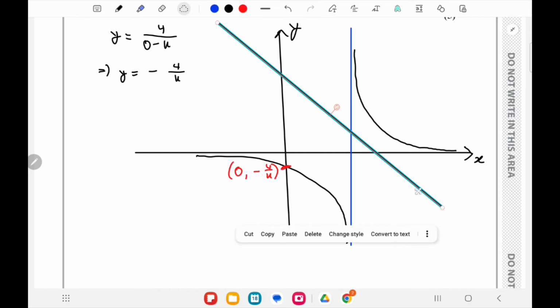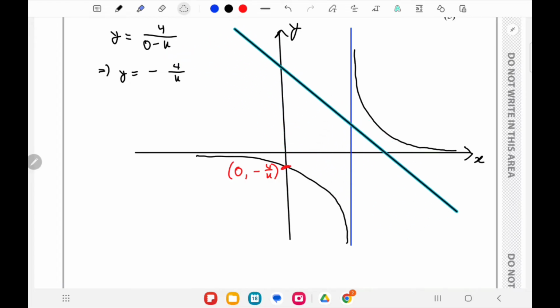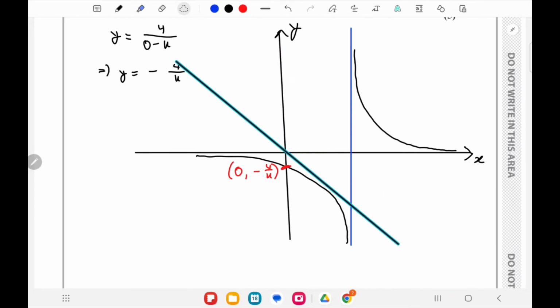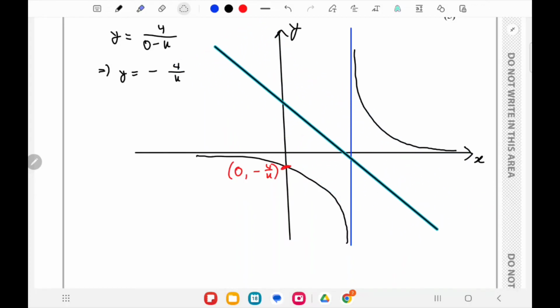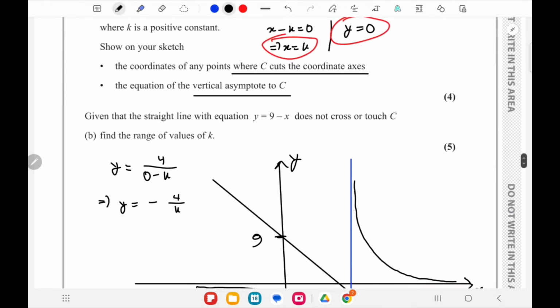The value of k will be such that the line is somewhere over here and does not touch or cross any of the other ones. So this is 9. You don't have to do it on the graph. You can just do it algebraically.